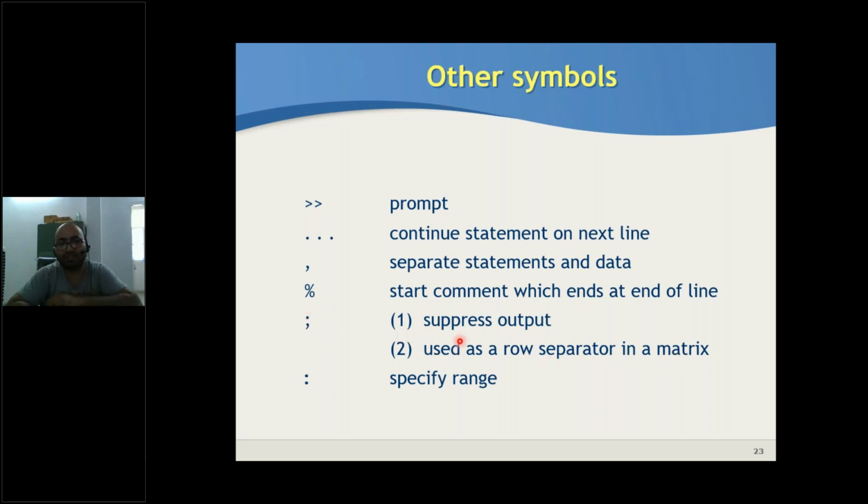It will be discussed in our upcoming slides when we discuss matrix manipulations. Now there is this colon symbol. It specifies a range of different integers. I will discuss later what this particular colon means.